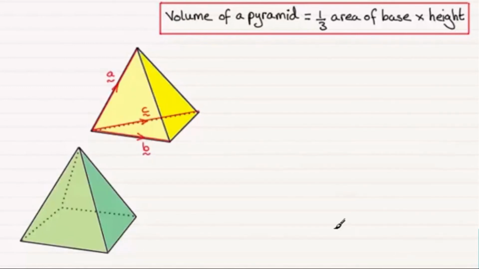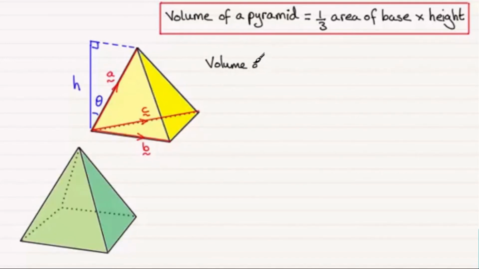So if we assume 3 vectors sharing a common point in this tetrahedron, so take vectors A, B and C, where the base is having vectors B and C. So it means to get the volume, if we use the formula for the pyramid, now to get the volume of the tetrahedron, it will be equivalent to a third times the area of the base of the tetrahedron times the height.